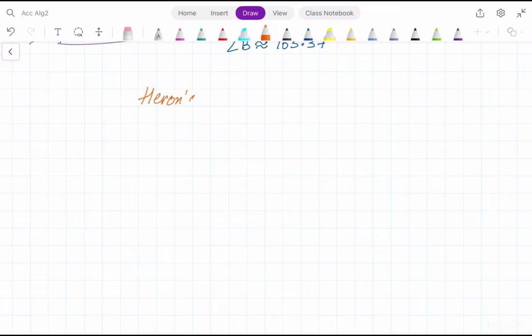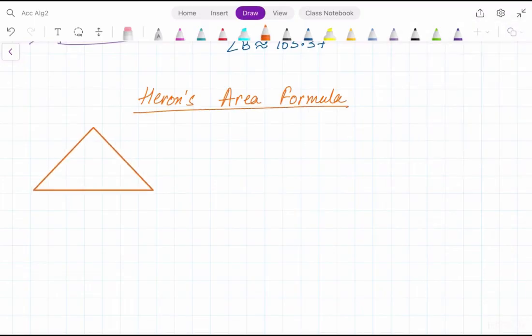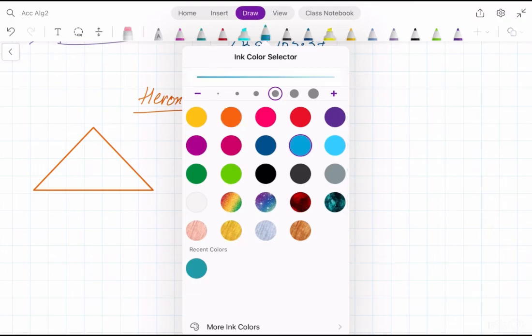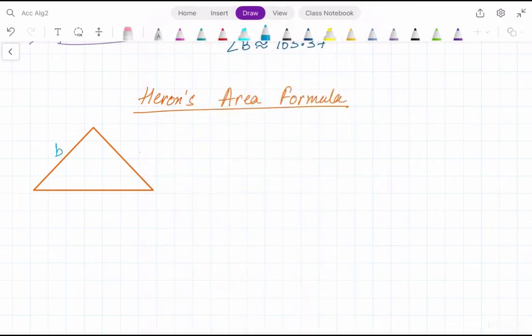Now, keeping that in mind, another thing that we would like to discuss is Heron's area formula. We have a triangle. We are talking about the oblique triangle again. We have the side lengths, so all the side lengths are given. The basic structure of Heron's is to find S. What is S?